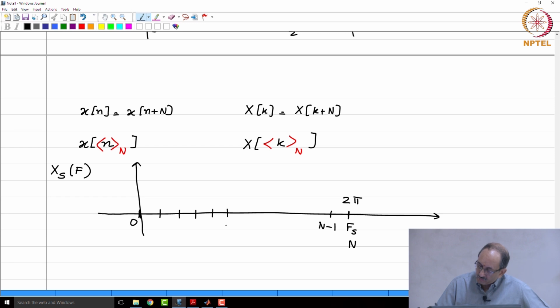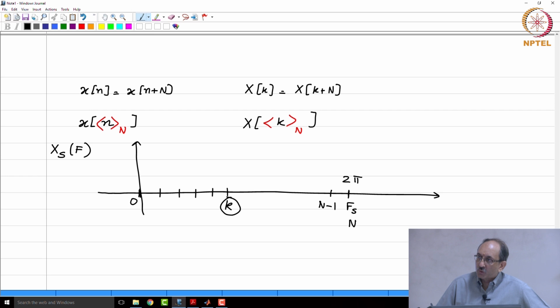Therefore, the general point on the DFT bin index is k. Now, given the kth bin index, suppose you want this to correspond to true frequency, you need to divide by N, and then what else do you need to do to get the true frequency in hertz?